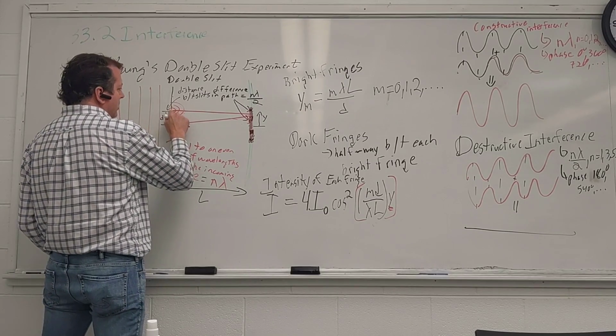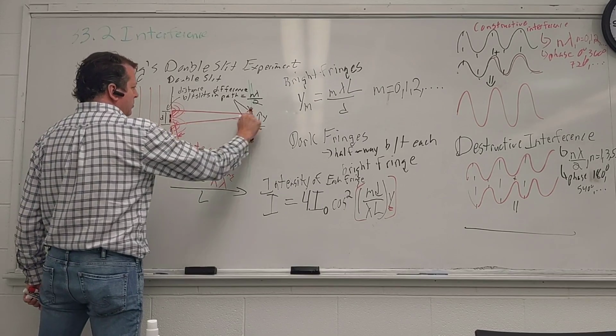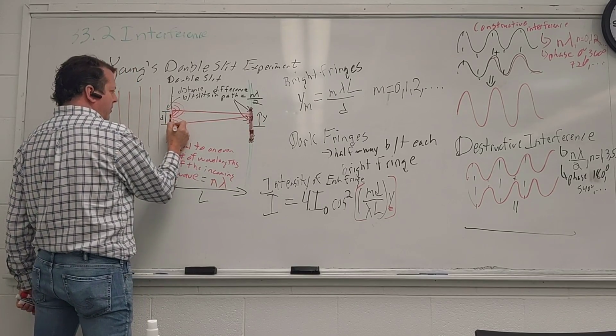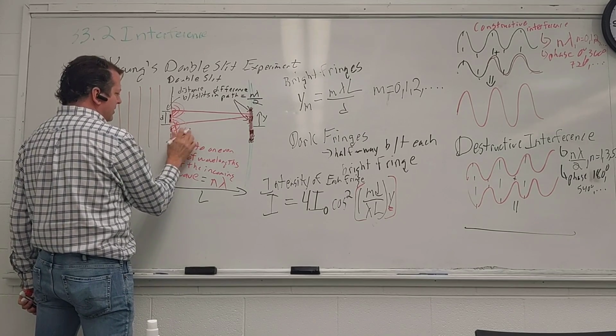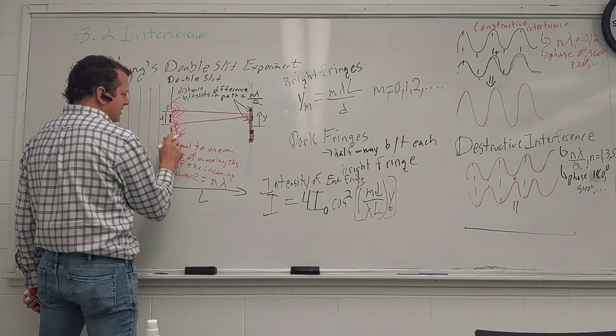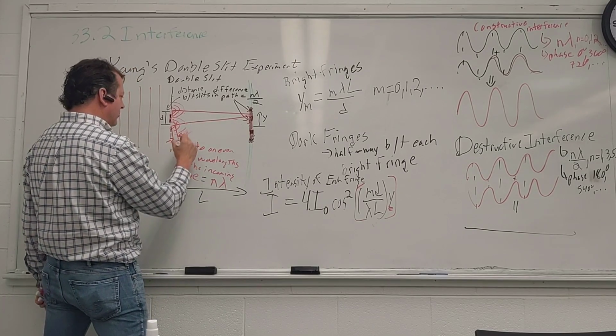So now here, one goes pretty much straight to it, or a little bit of a bend. This one goes over, and you drop a perpendicular down, and you can see this in your book, and there's a gap here, this distance here. This is the path difference.